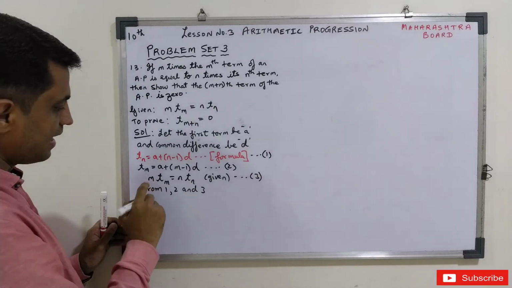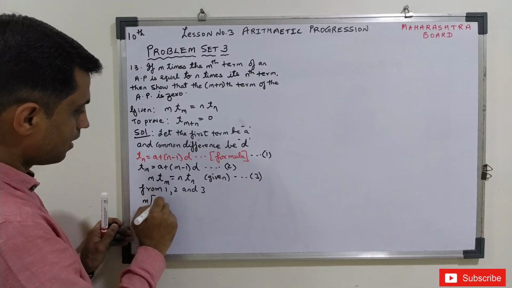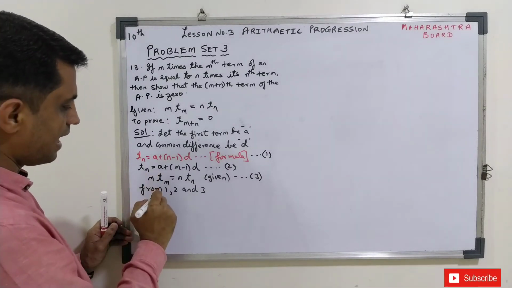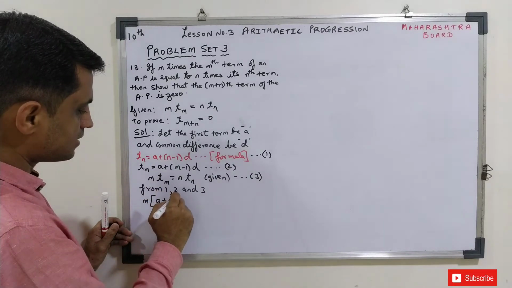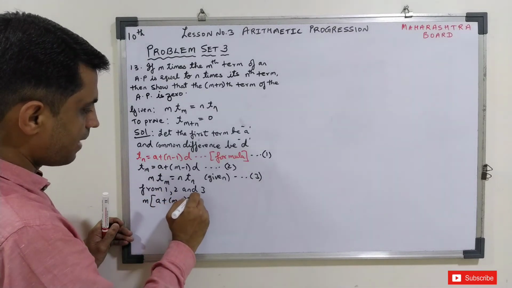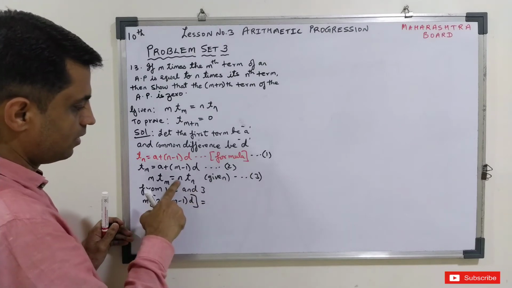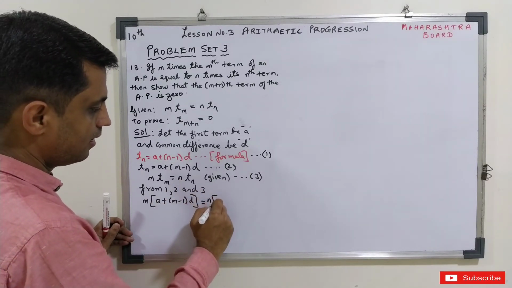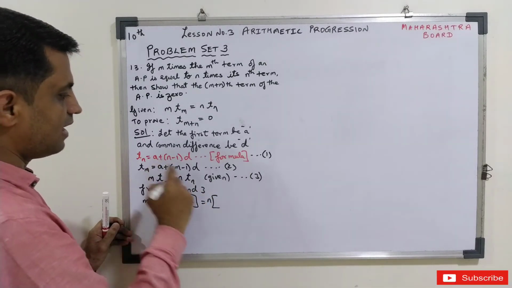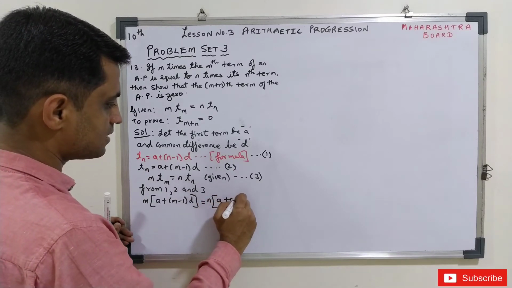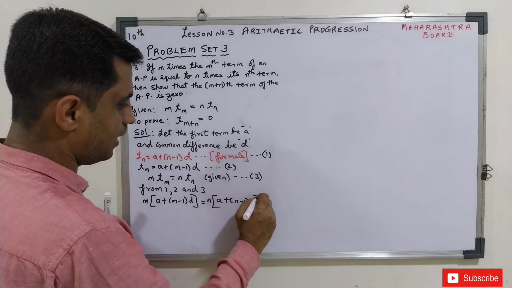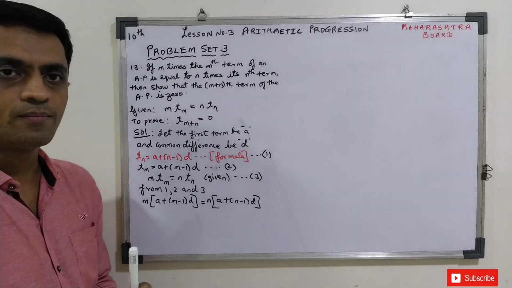Now this we are writing m as it is, and instead of Tm what we will write? A plus m minus 1 into D is equal to, instead of n here n, and instead of Tn what we will write? A plus n minus 1 into D. This way we have to do.